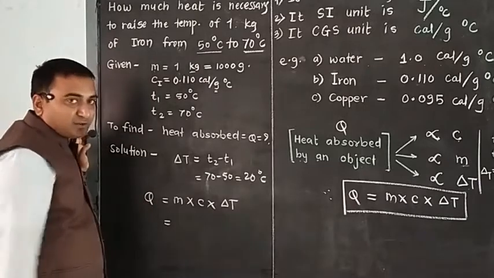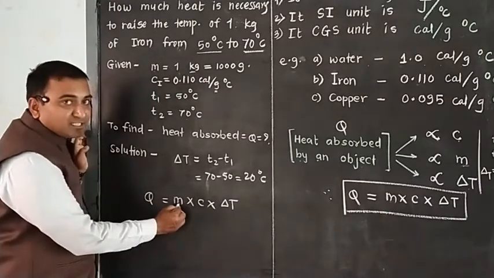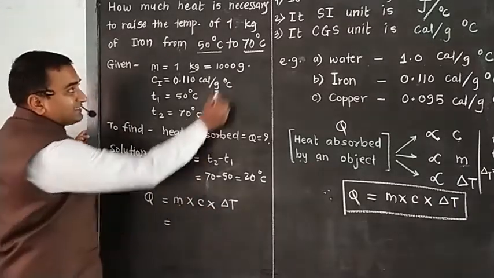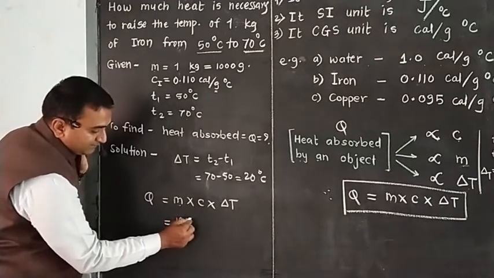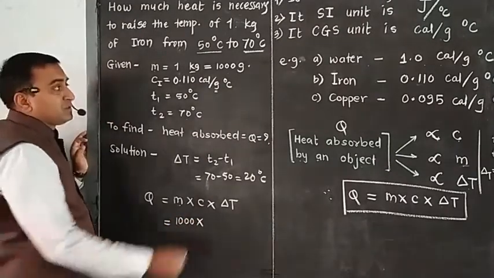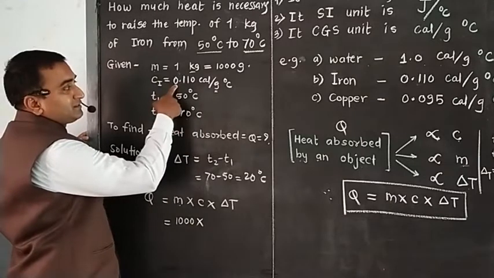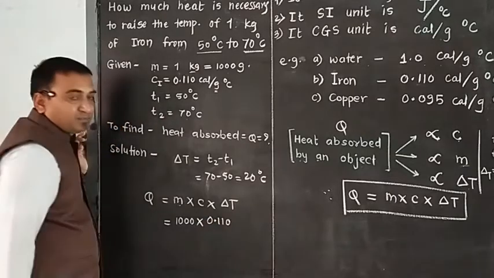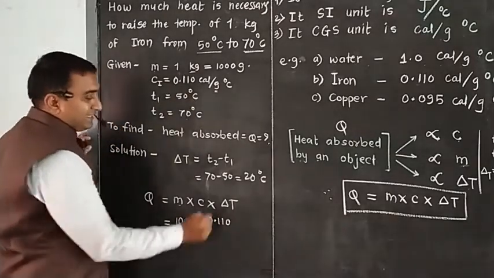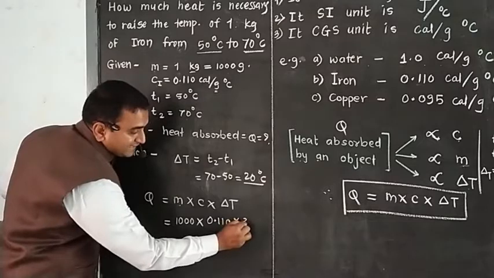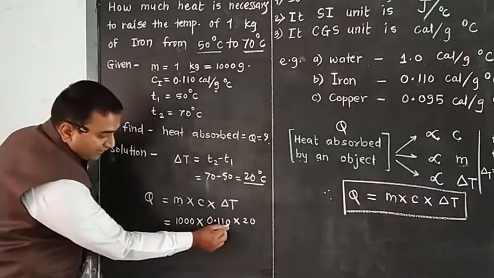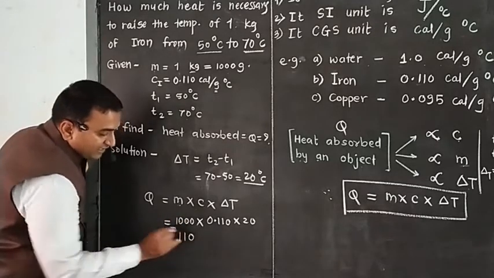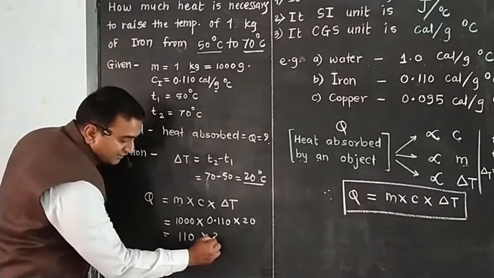See the next one. Heat absorbed is equal to the mass of the object times the specific heat of that object times the change in temperature. So mass is 1000 grams, specific heat is 0.110, and the change in temperature is 20 degrees Celsius. Here there are 1, 2, 3 zeros and here also 1, 2, 3 zeros, so directly we can consider 110 times 20.